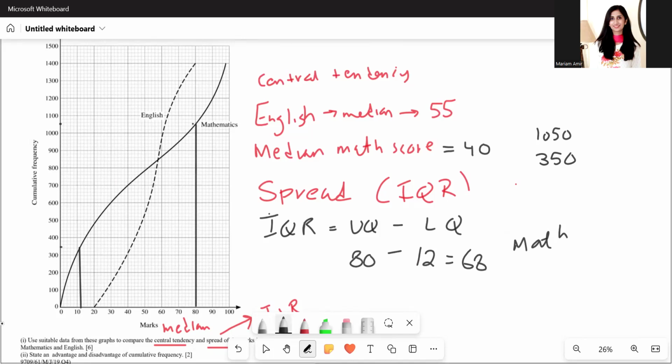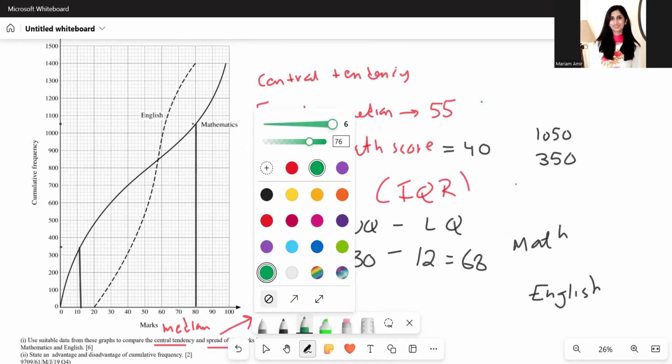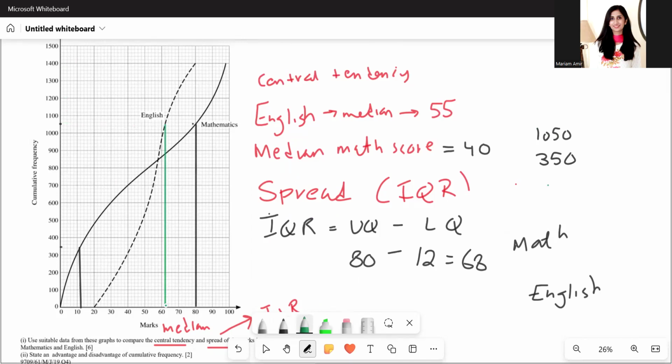Now we're going to do the same for English. For English, it will be upper quartile minus lower quartile. What's the upper quartile for English? The highest value for the English graph is also 1400. So 75% of that, or 3/4 of that, is also 1050. So we read the x value corresponding to 1050, which looks like 62.